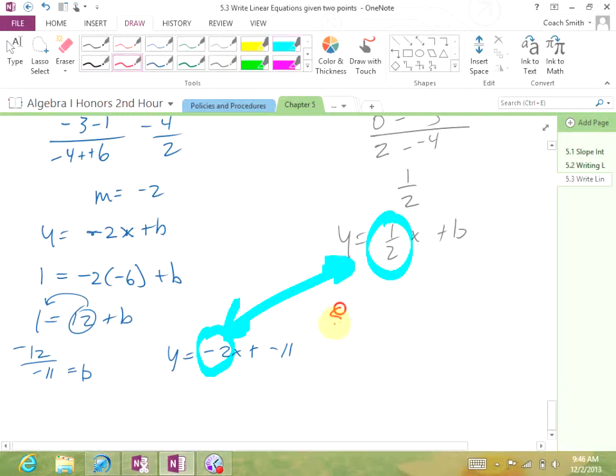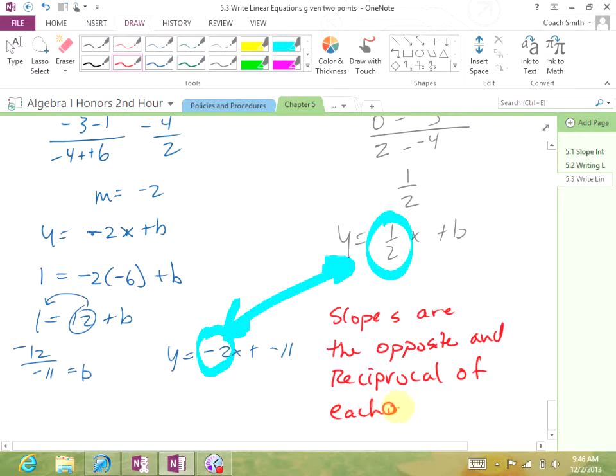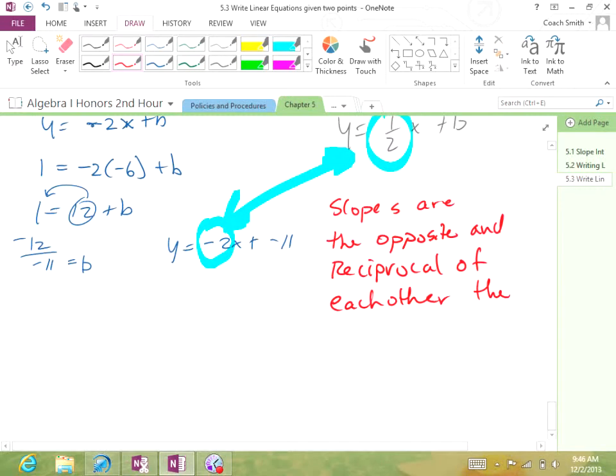If the slopes are the opposite and reciprocal of each other, the lines are perpendicular.